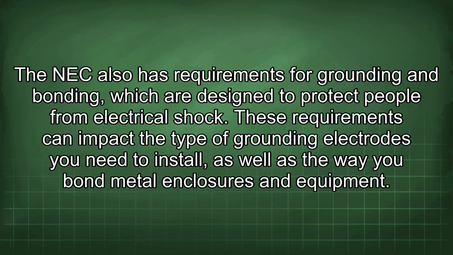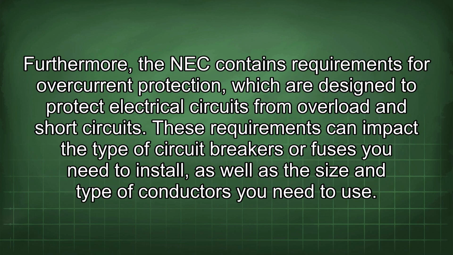These requirements can impact the type of grounding electrodes you need to install, as well as the way you bond metal enclosures and equipment. Furthermore, the NEC contains requirements for overcurrent protection, which are designed to protect electrical circuits from overload and short circuits. These requirements can impact the type of circuit breakers or fuses you need to install, as well as the size and type of conductors you need to use.